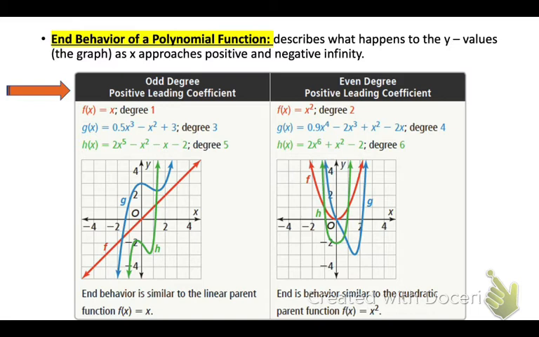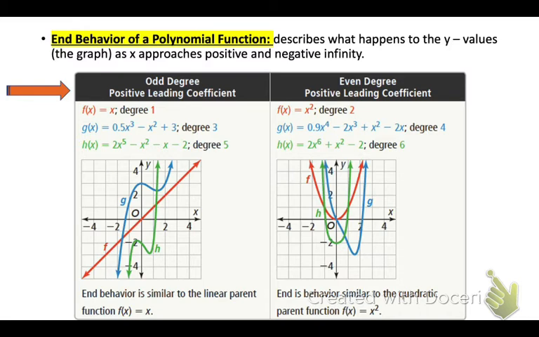So when we talk about end, we're going from left to right. They end going where? Up. Is every single one of these graphs ending up? Yes. And so if they end up, they had to start where? Down.